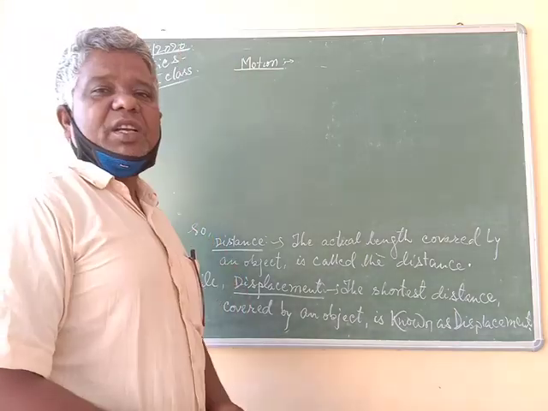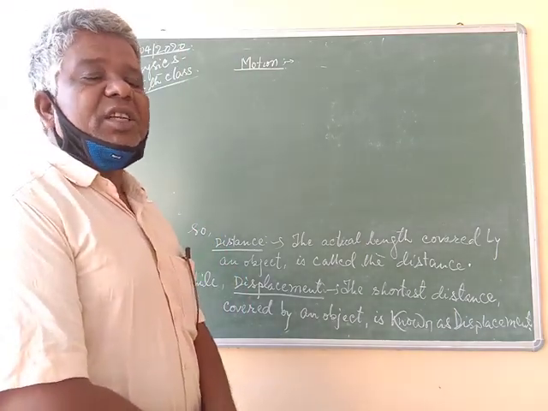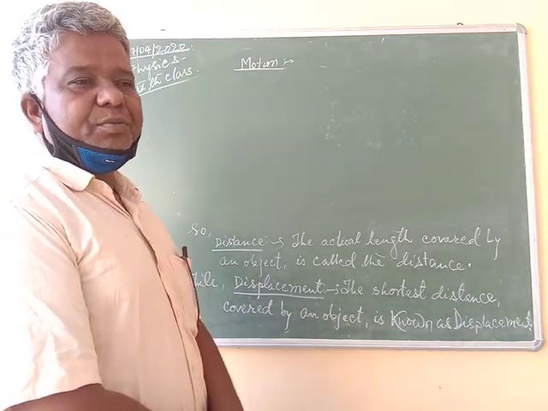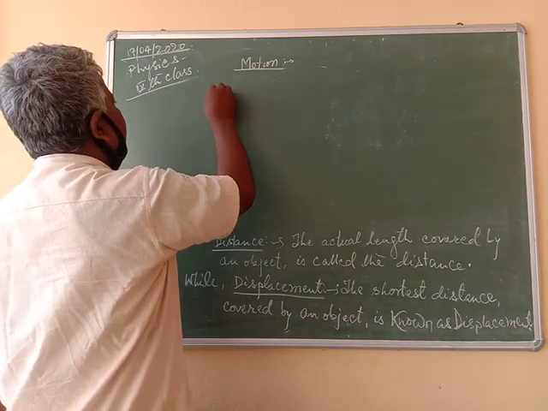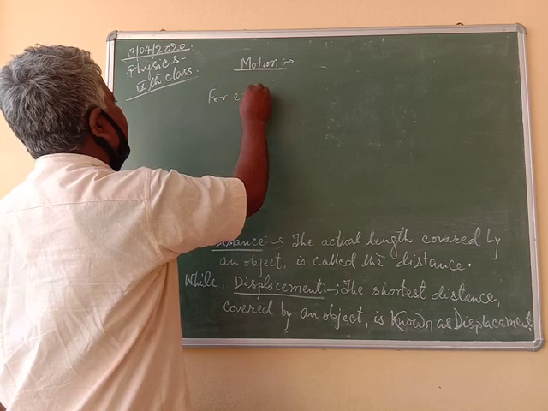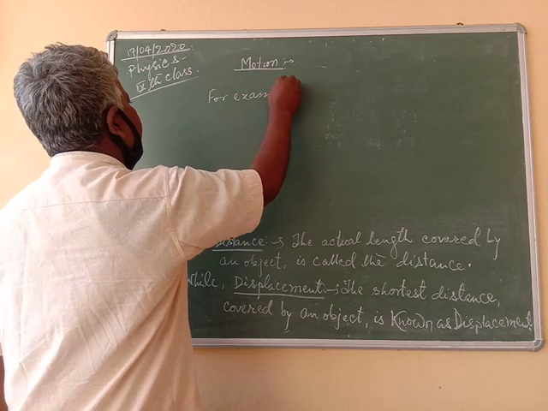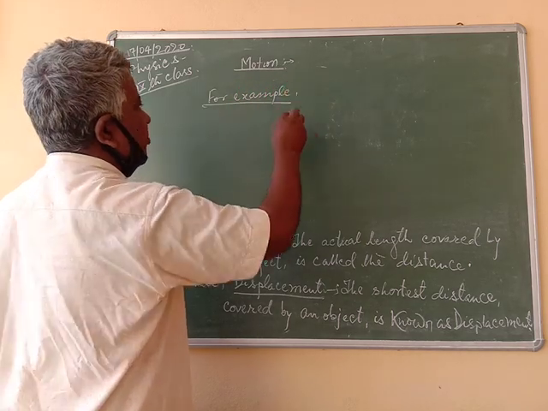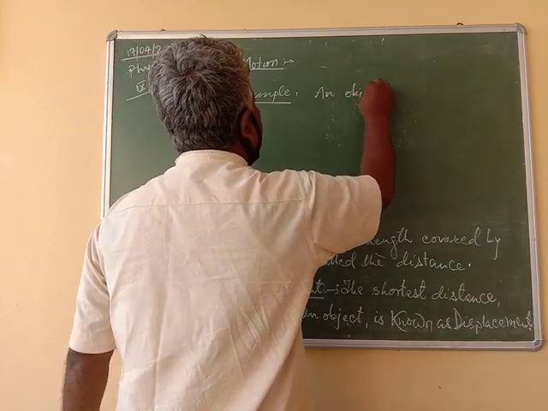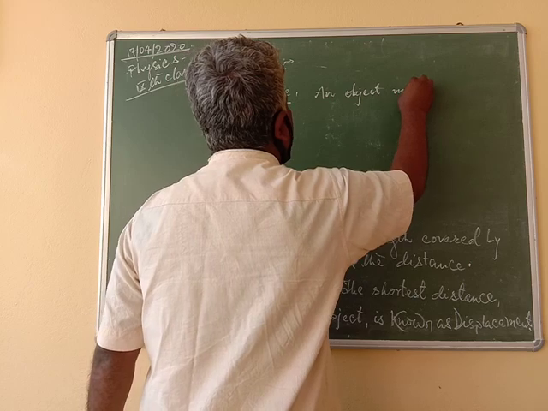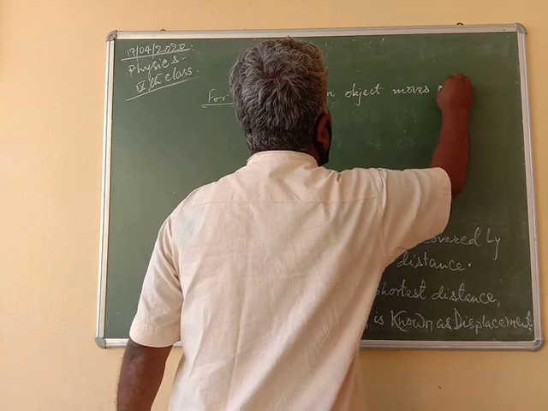How will we differentiate between distance and displacement? For example, an object moves on a circular path.